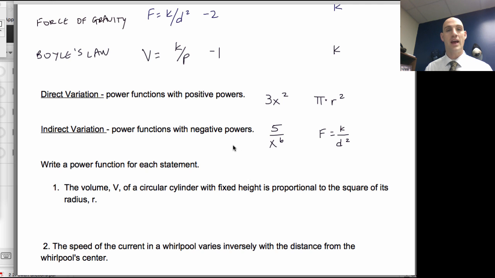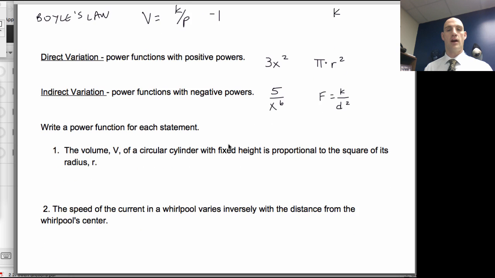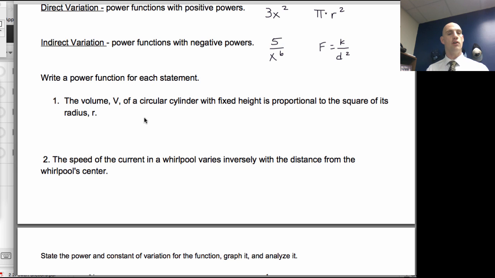Something we could do with this, we could take a statement and write it as a formula. So the volume V, so that's one of our variables, we're going to identify that, of a circular cylinder with a fixed height is proportional to the square of its radius r. So we've obviously got some variables going on here.